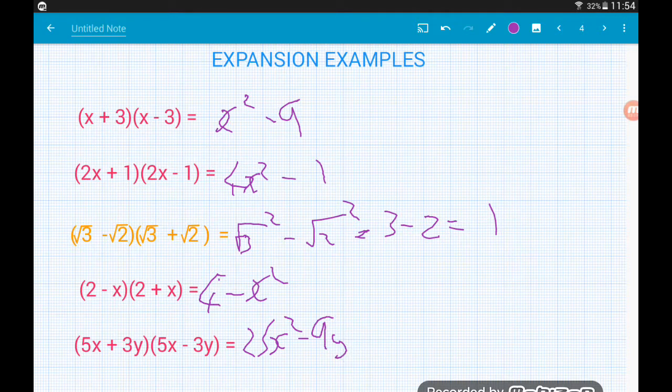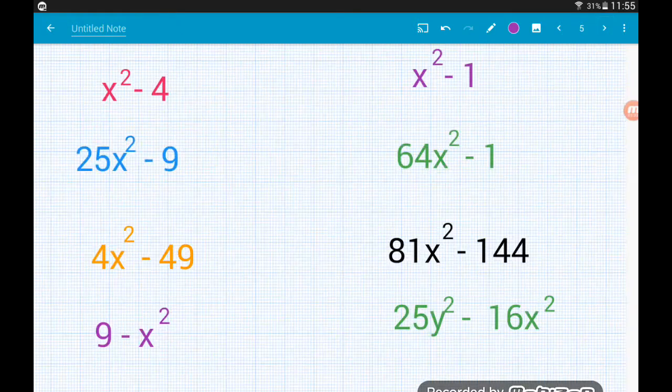So we get 25x squared minus 9y squared. So that's how we multiply brackets when we're dealing with difference of two squares situations. You can of course use your normal technique for expanding the quadratics, but if you can spot that it's a difference of two squares, it will speed things up quite a bit.